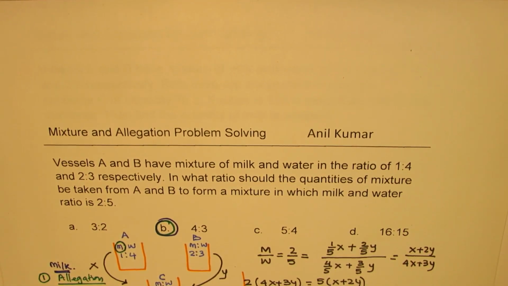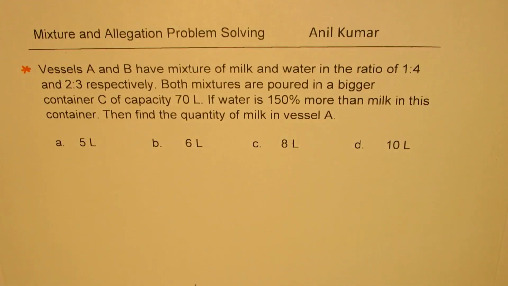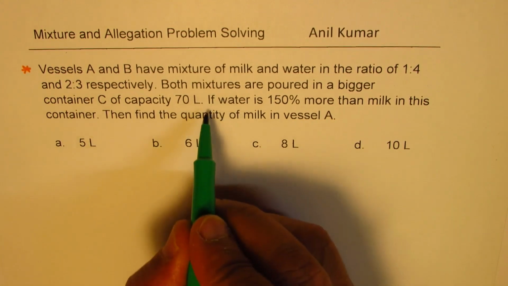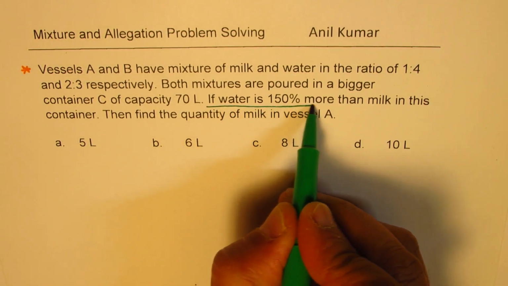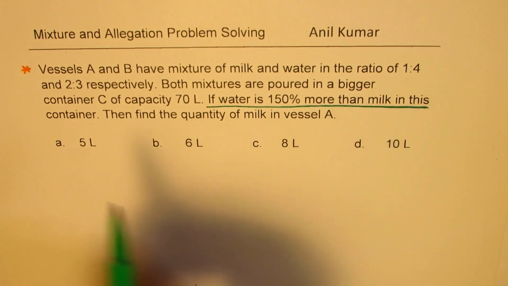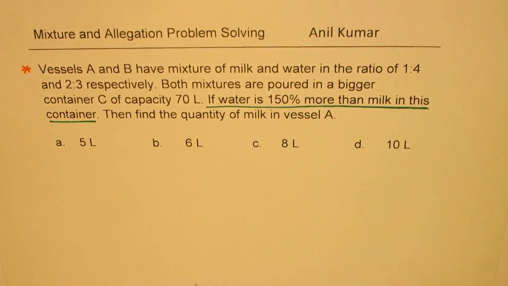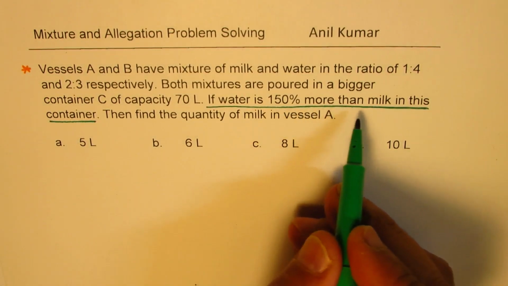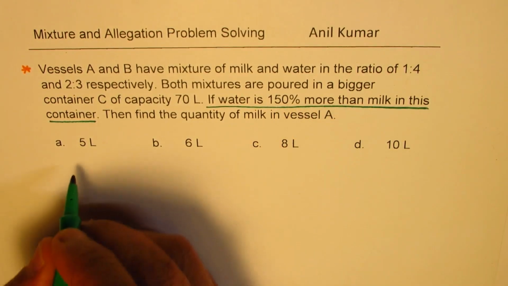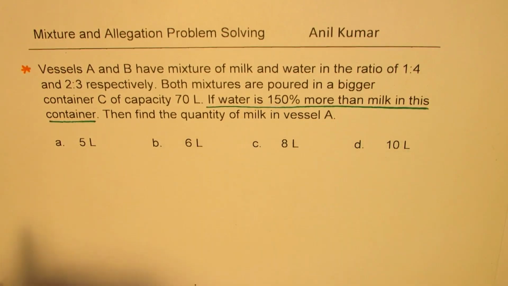I've taken exactly similar values so that you can correlate, and we'll straight away start with the allegation method, right? But before that, we need to understand this statement: if water is 150% more than milk in this container. That is giving us the required ratio. When I say 150% more, what does that mean? Let's try to understand this.